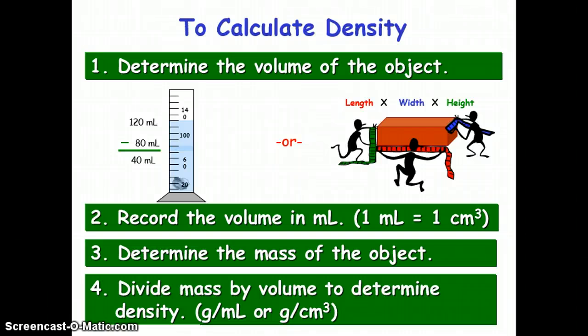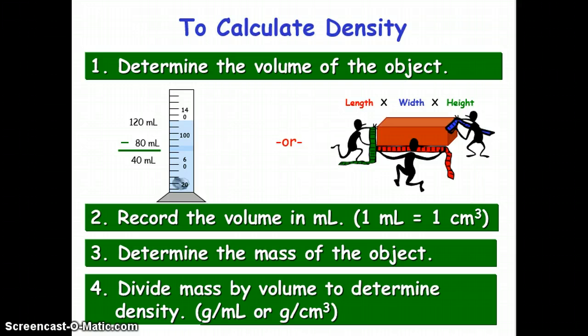Now for an example. To calculate the density of an object, first determine the volume of an object just like we showed earlier in the video. You can use a graduated cylinder to find the volume of an irregularly shaped object, or you can measure the length, width, and height of a regular shaped object and multiply them to find the volume.